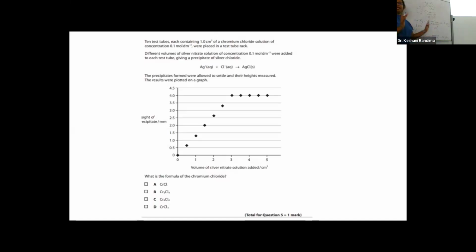To make 3 AgCl, how many Ag ions are there? 3 should be there. And chloride ions also 3 should be there. Now Ag3 is okay. So from this one, 3 chlorides should come. So from your answer options, what is giving you 3 chlorides? That is D. So the answer should be CrCl3.